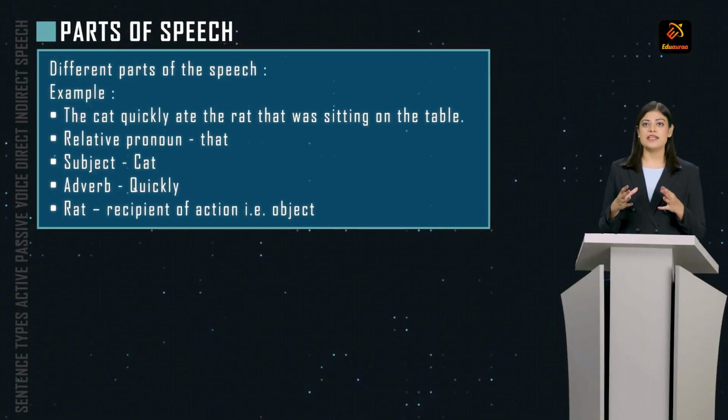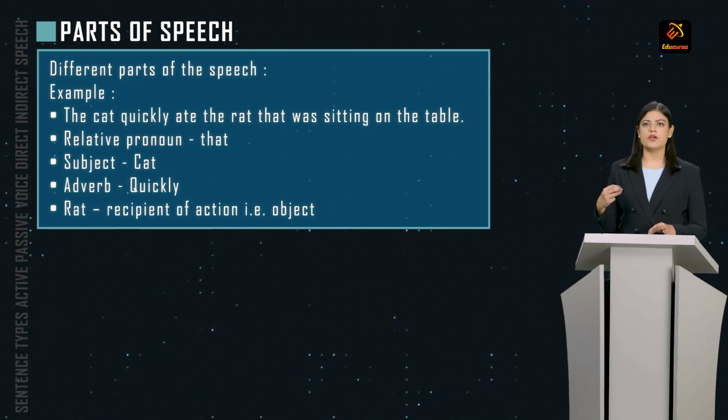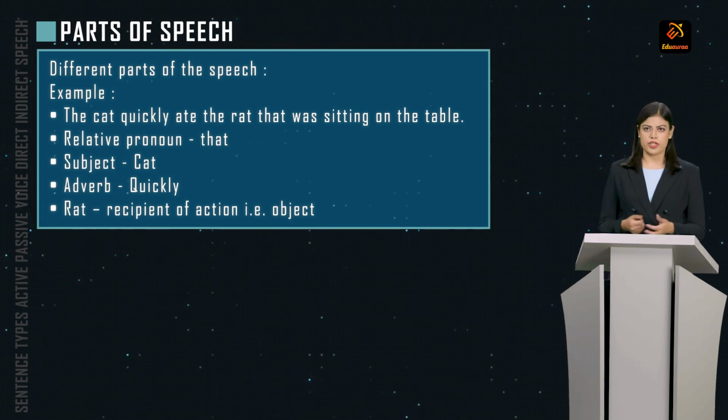Because identifying the different parts of a sentence, not just subject, verbs, and objects, but even the other parts, is important. A sentence has a lot of parts of speech. So identifying or understanding each of them is important, not just from your exam point of view, but also to understand advanced grammar that we'll be taking up later in this chapter. So let's quickly get on to what are the different parts of speech.